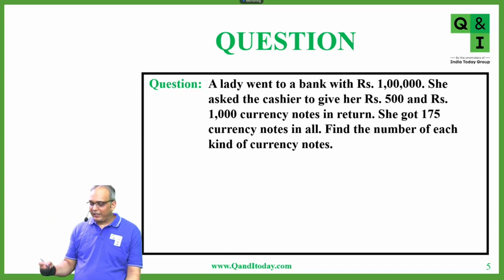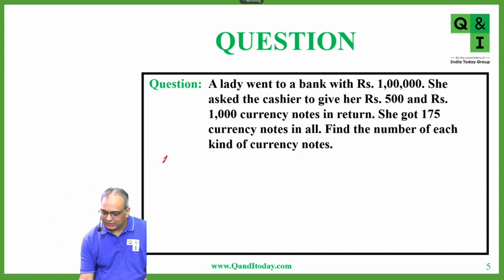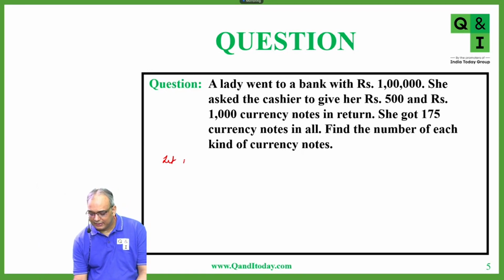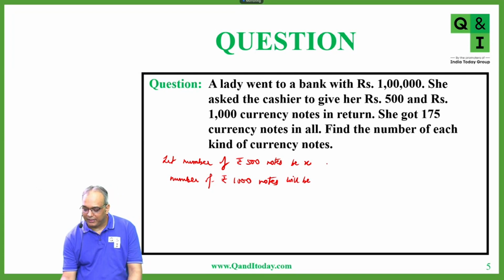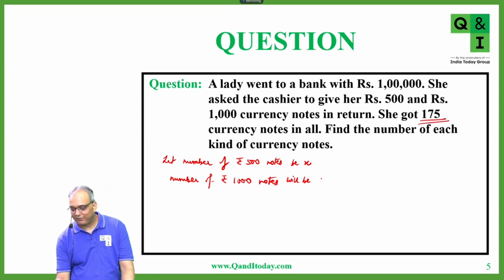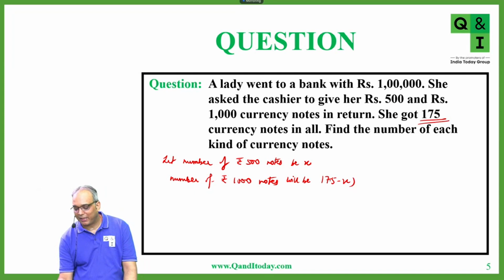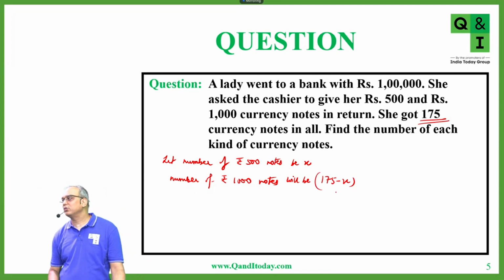Because we have to find the number of each kind of currency notes, let the number of rupees 500 notes be X. The number of rupees 1000 notes will be, so total notes is 175, so this will be 175 minus X. Total number of notes is 175.